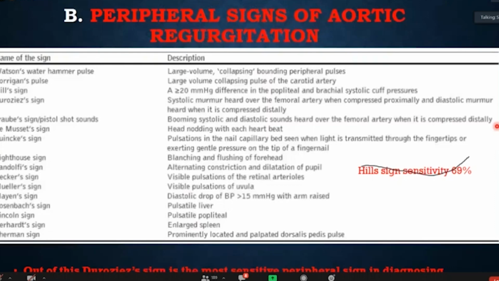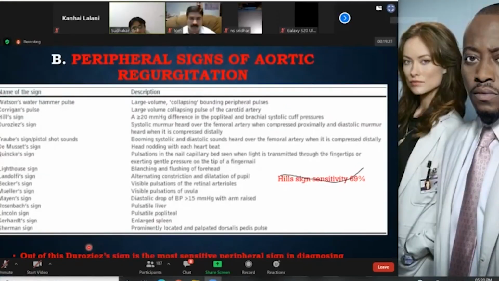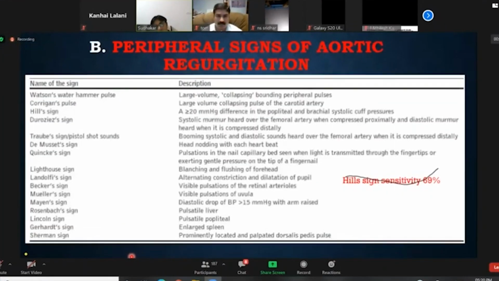sensitivity. Out of all the peripheral signs of AR, the sign which has the highest sensitivity is Duroziez sign. All of you will know what Duroziez sign is. When you are over the femoral artery, if you do a distal compression, you get a diastolic murmur proximal to the compression. So a diastolic murmur with distal compression is the Duroziez sign.